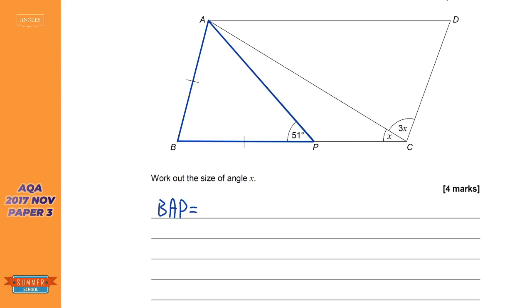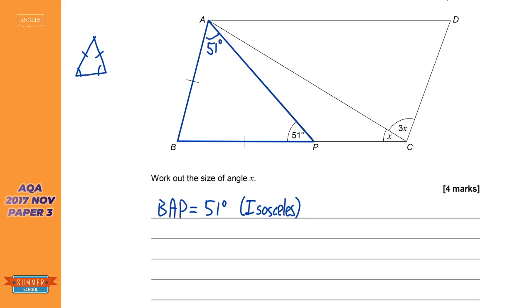It's quite easy to work out because it's just 51 degrees. Because the bottom two angles in an isosceles, and I always imagine an isosceles looking like that, so it's always the bottom two, this one and this one. Bottom two angles in an isosceles are equal. Now, for the reason, you only need to write isosceles because they get the point. It's an isosceles triangle, that's why that's 51 degrees.